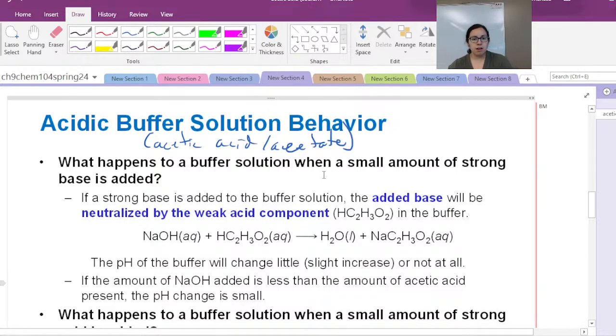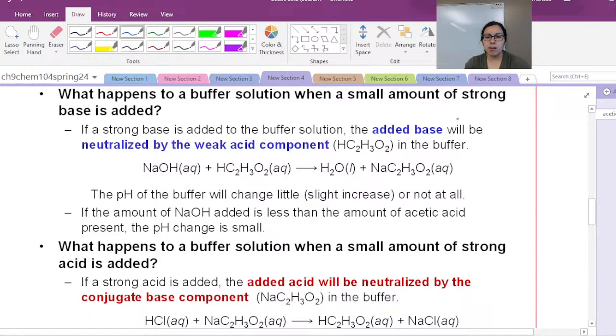This is what it's talking about. Now it's saying you add some base and it's going to be neutralized by your acid, in this case vinegar, or acetic acid.